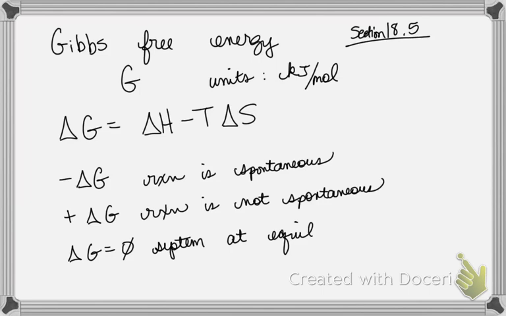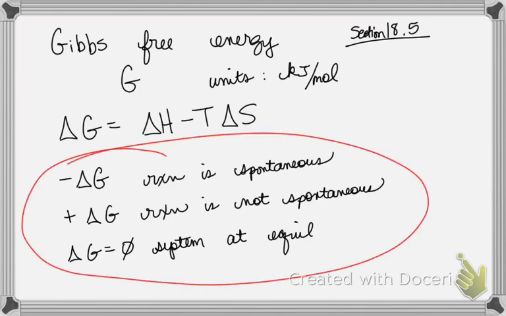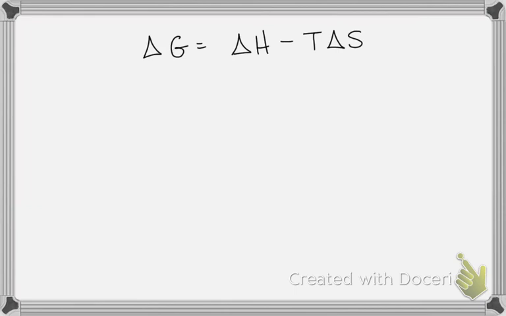Okay, so if we examine this equation, and as I go through this, keep these in mind. Delta G negative means spontaneous. Do you see that?